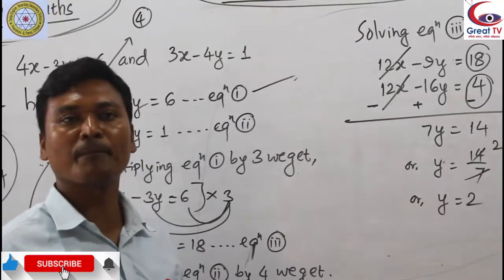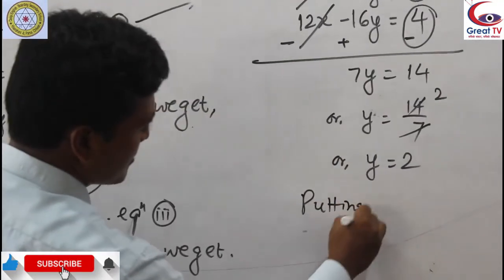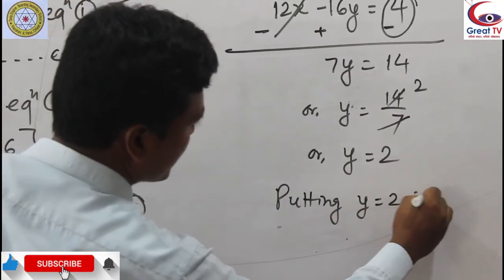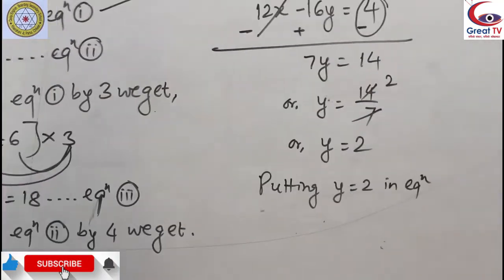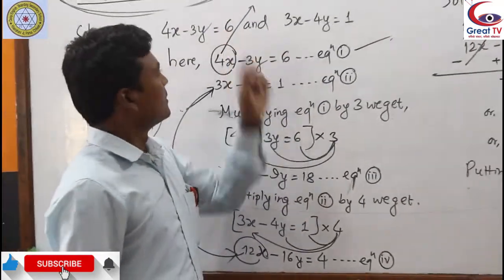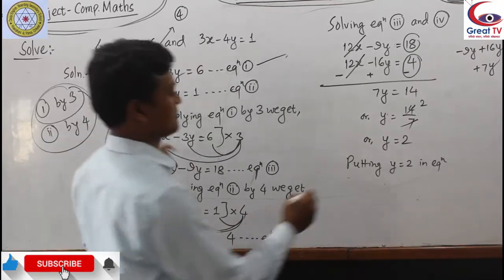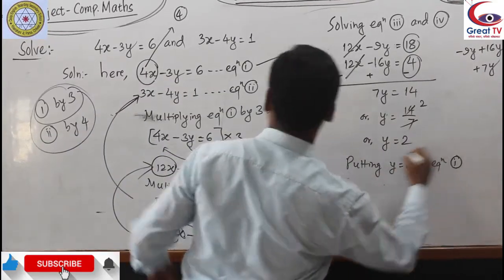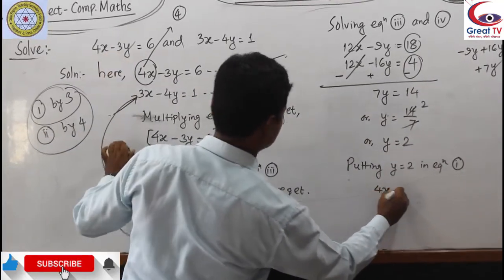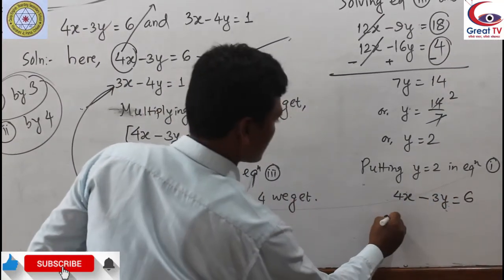After getting the value of any one variable, just put y equals 2 in any of the 4 equations in this problem. You can put it anywhere. Okay, let us put it in equation first. We have 4x minus 3y equals 6.